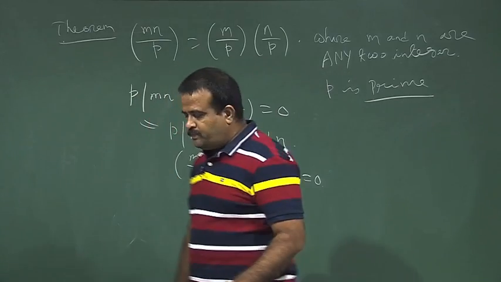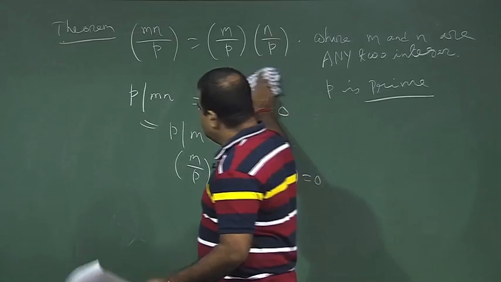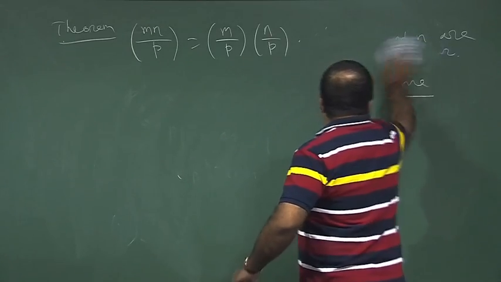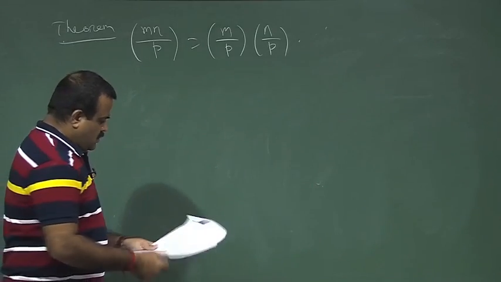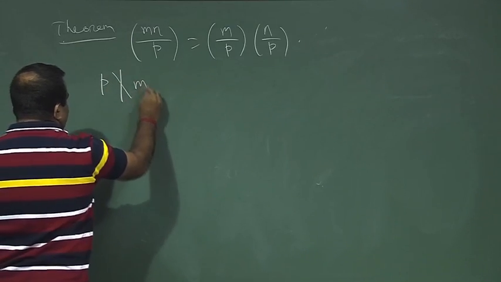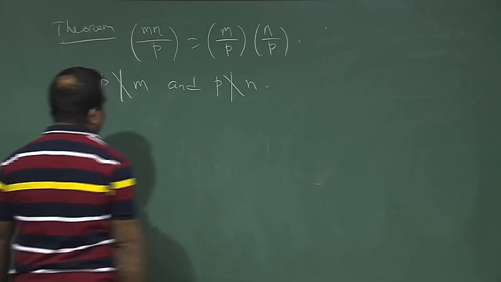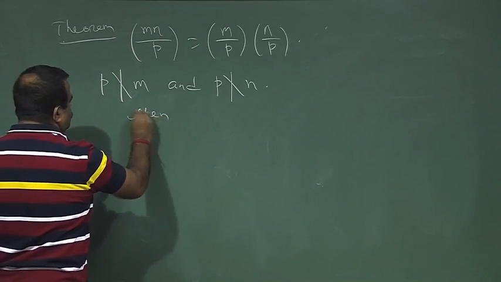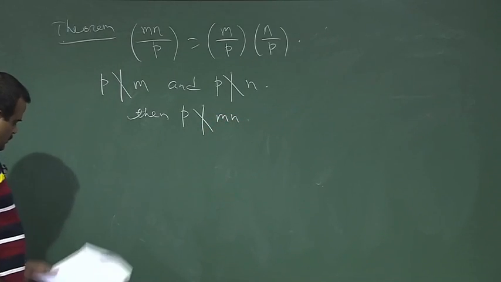Now, if p does not divide m or n, then we will use Euler's theorem to prove this. Suppose p does not divide m and p does not divide n. That means p does not divide mn.